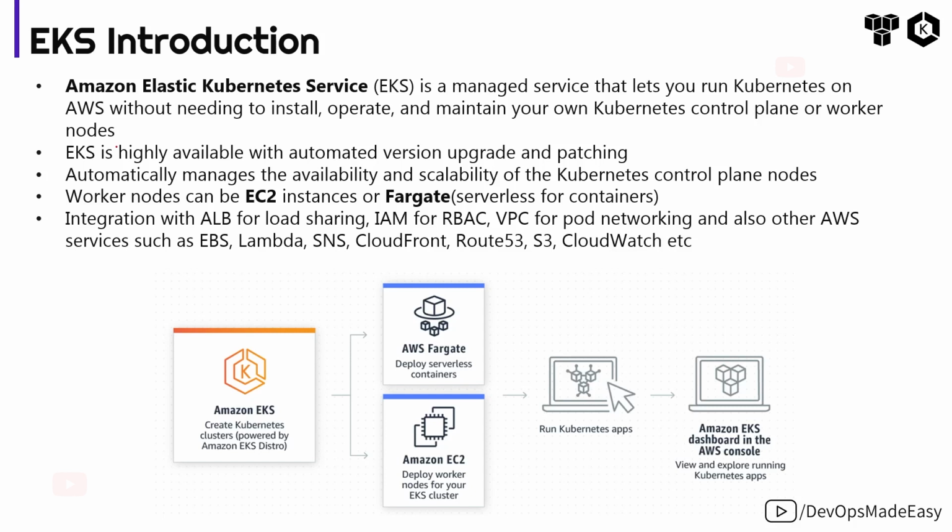So basically this is not the complete architecture. We have Amazon EKS, which is powered by Amazon EKS Distro. So they have their own custom AMI for that. And coming to the worker nodes, you can have AWS Fargate, which is serverless for containers, or else you can have AWS EC2 instances as worker nodes.